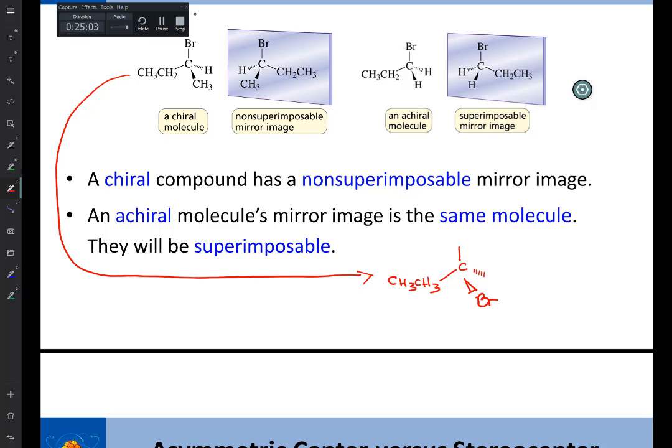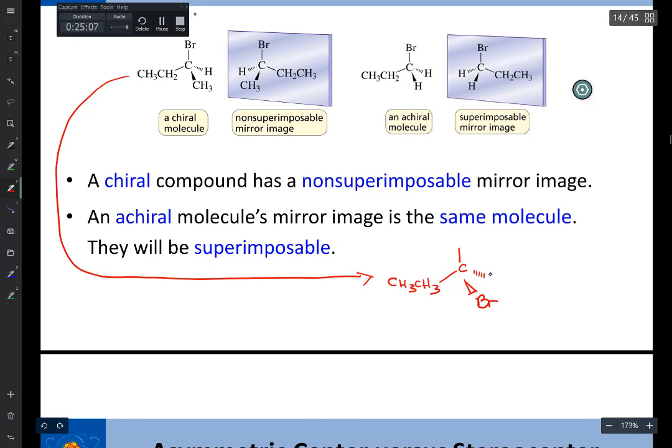Since I put the bromine there, the H has to stay fixed, because that's where the CH3 was. I'll put the H down here again and the CH3 up here. Now, it doesn't look like the molecule over here, but it in fact is the mirror image just by switching two groups. You saw physically how when I switched two groups, I got the enantiomer automatically.